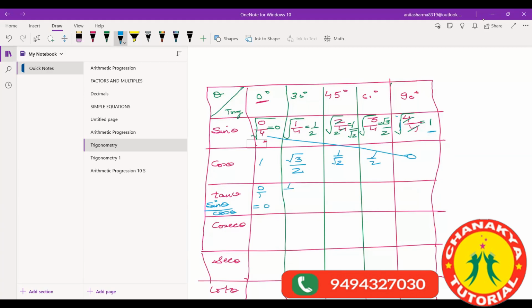Now 1 by 2 divided by root 3 by 2: the 2 cancels, so 1 by root 3. Next, 1 upon root 2 divided by 1 upon root 2 will be 1 only. Root 3 by 2 divided by 1 by 2: the 2 cancels, then it will be root 3. And 1 upon 0 will be not defined.